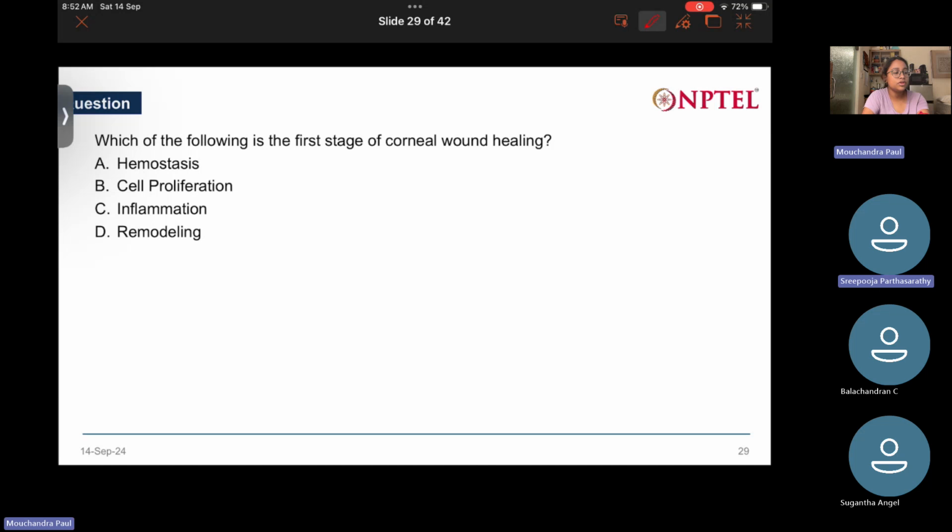What's the first step of wound healing? A. Yes, you're correct. It's hemostasis. Right? The first stage of wound healing is hemostasis.